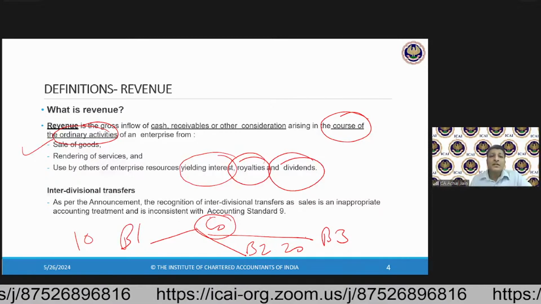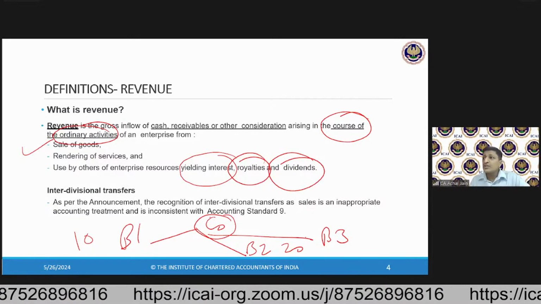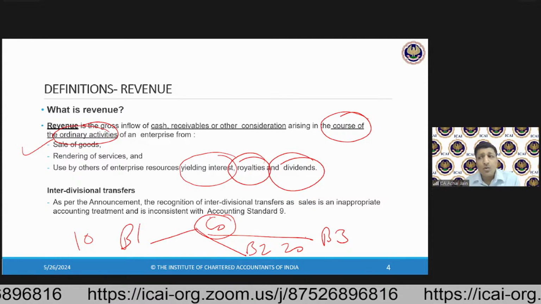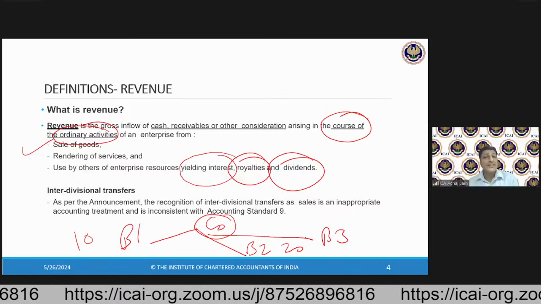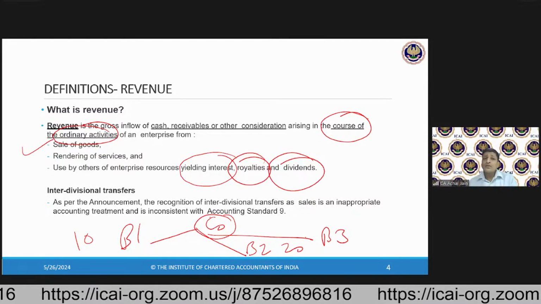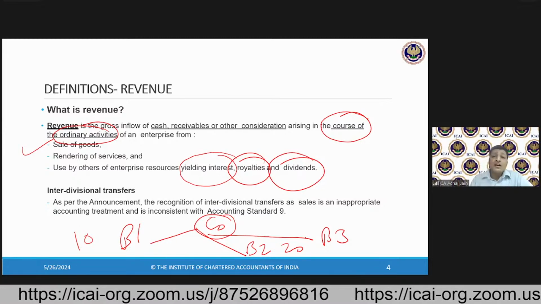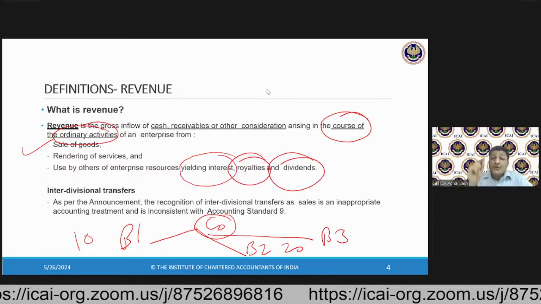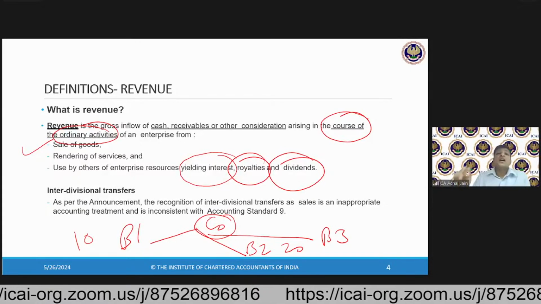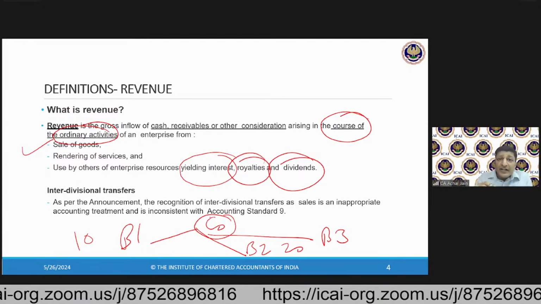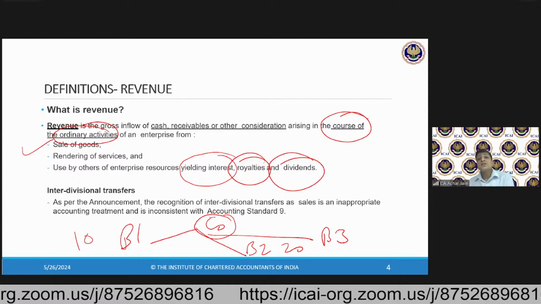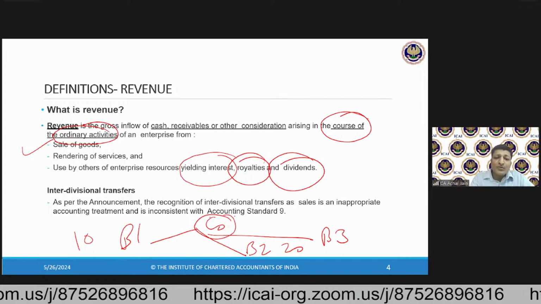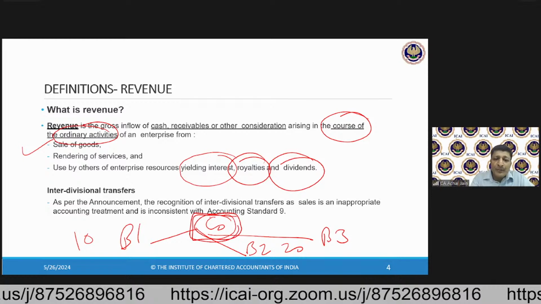Yes or no? What do you think? Pooja is saying no. What about others? Pratima is saying no. Ritika is saying no. Very good. See, when it comes to revenue, revenue means the revenue which the company has generated from customers outside the company.